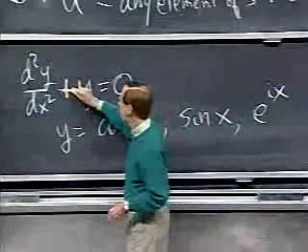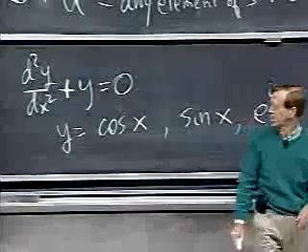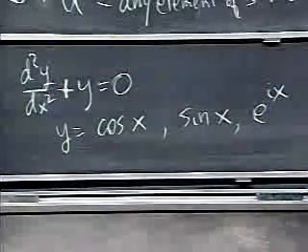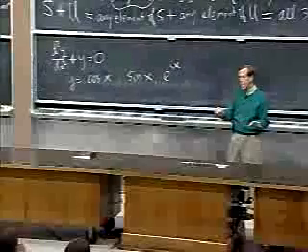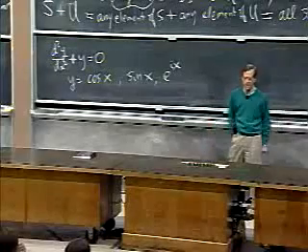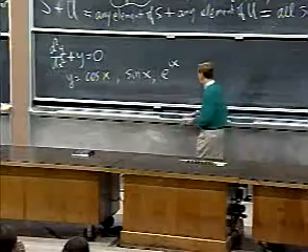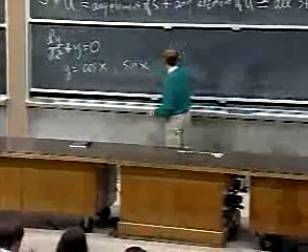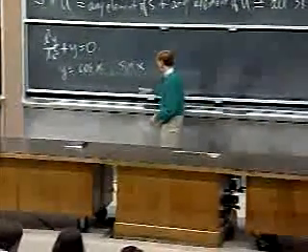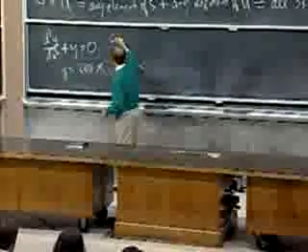So the equation is y double prime plus y equals 0. Cosine's a solution, sine is a solution. Now tell me all the solutions. So I don't need e to the ix. Forget that. What are all the complete solutions?